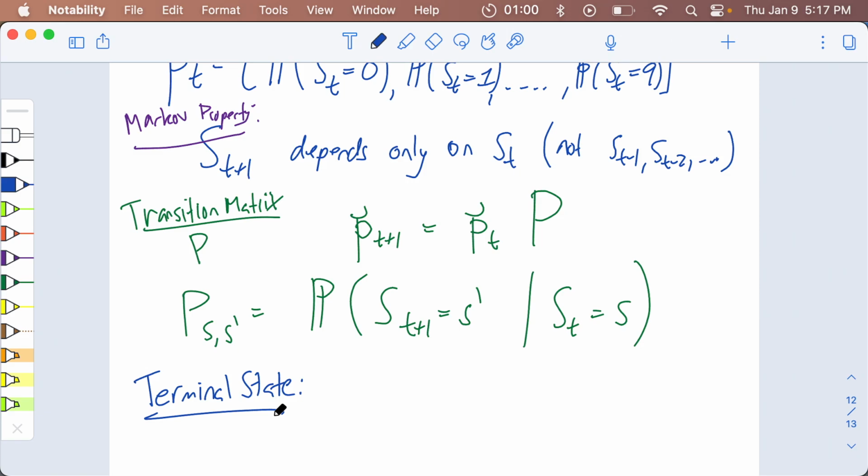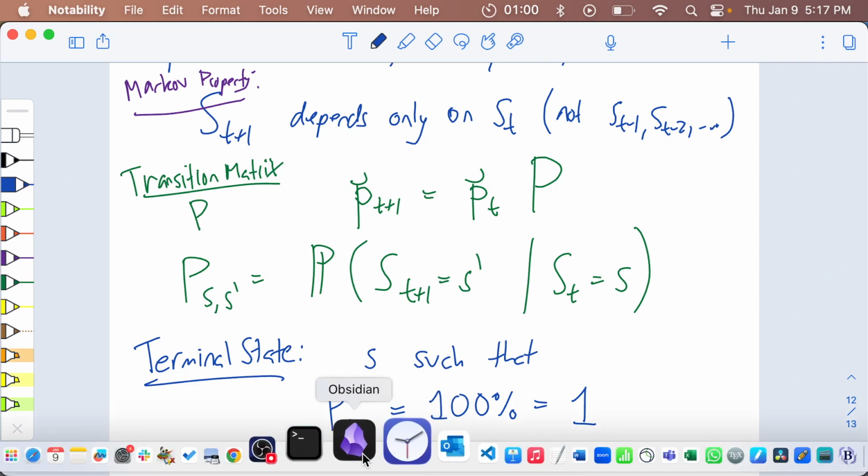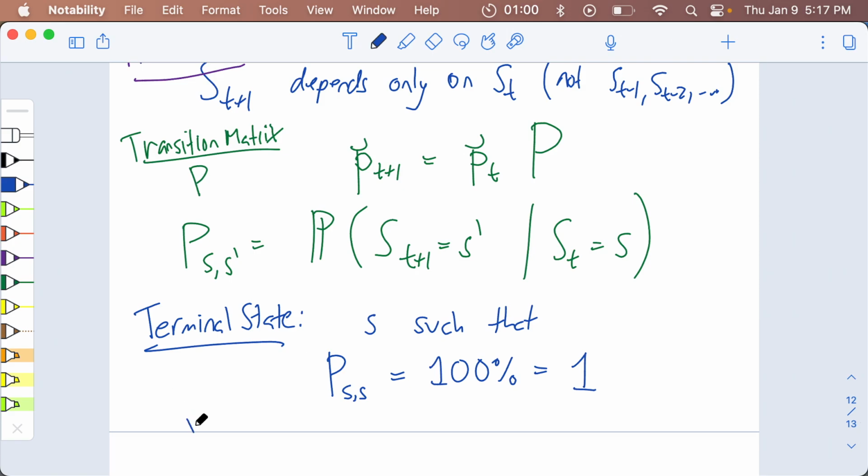So a terminal state is a state S such that P of S,S equals 100%. 100% is also known as the number 1. So if you're in state S, you just stay in state S forever. You can see that in the matrix that we wrote before.